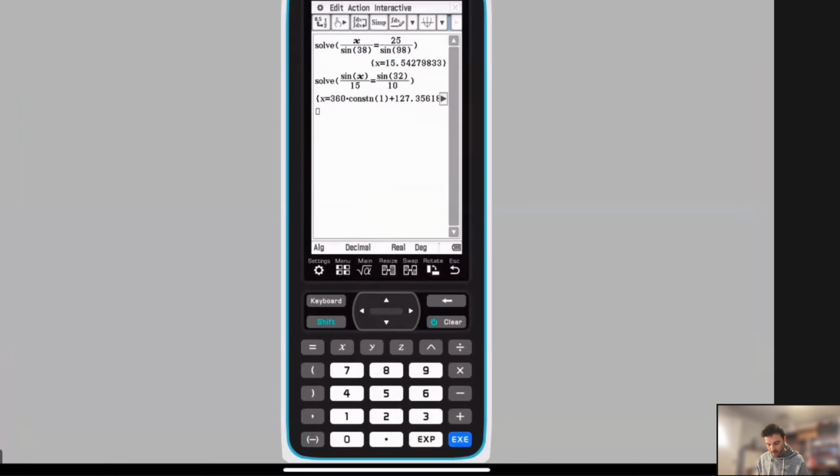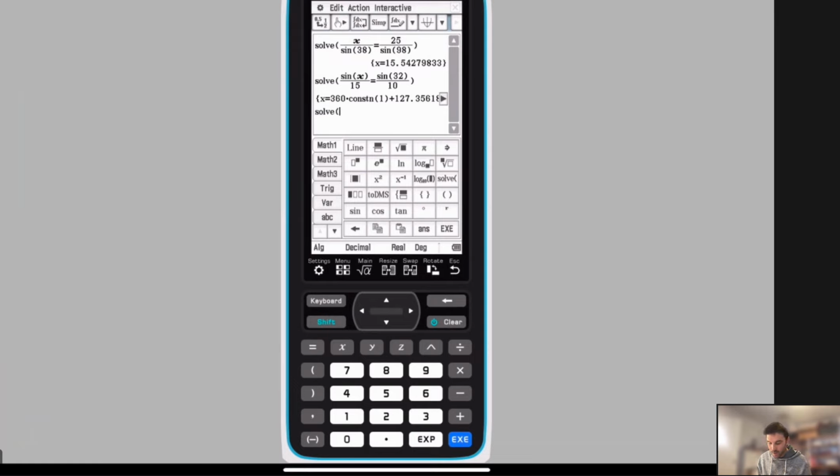So let's practice that now. Okay, main, keyboard, solve. And we're going to put this formula in. 0.0344 is equal to 1 plus shift divide x on 12, that to the power of 12 minus 1.